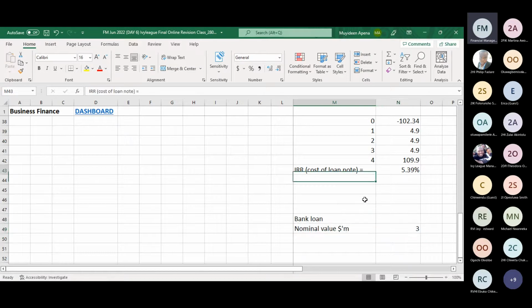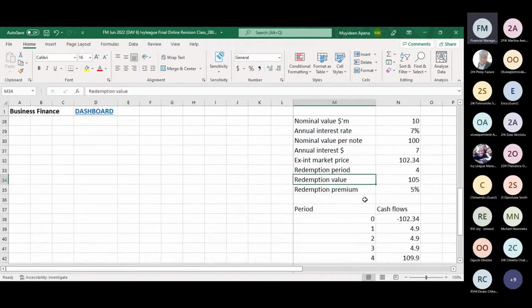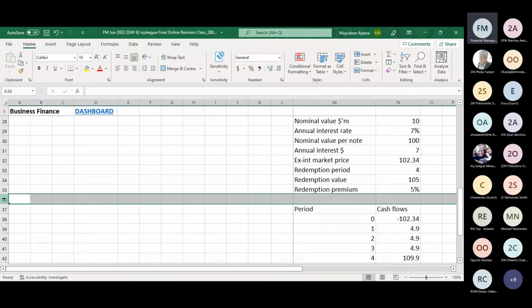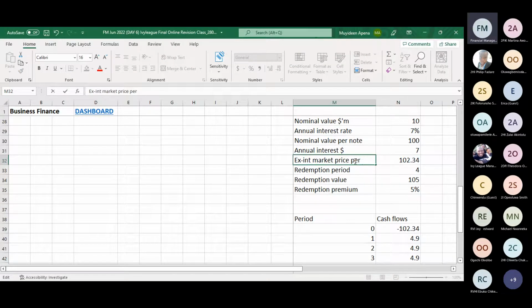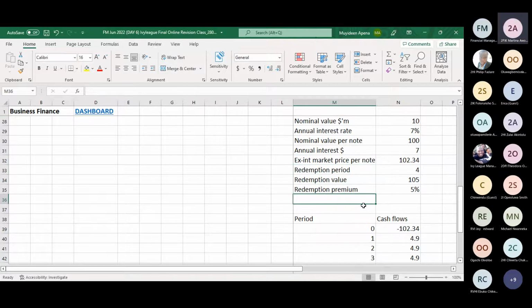We have the ex-interest market price of 102.34 for loan notes. So how many loan notes were issued? 100,000. How did you arrive at that?